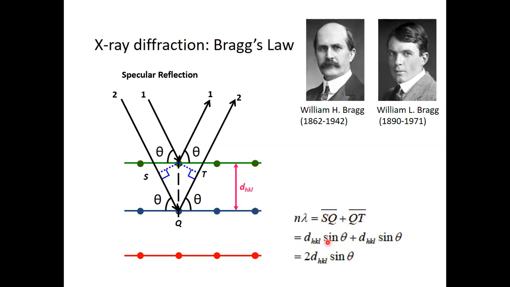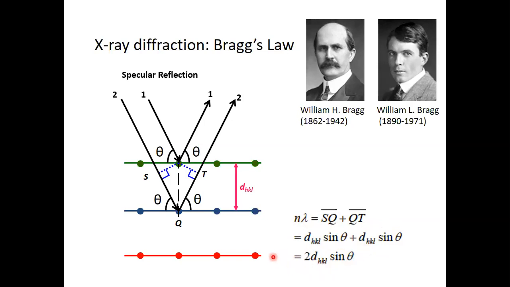So we can add these terms up, and the equation becomes n times lambda is equal to 2 times d times sine theta. That is also known as Bragg's law, or the Bragg reflection condition.